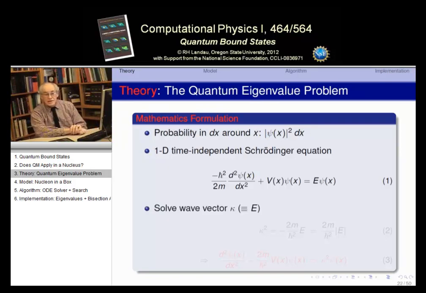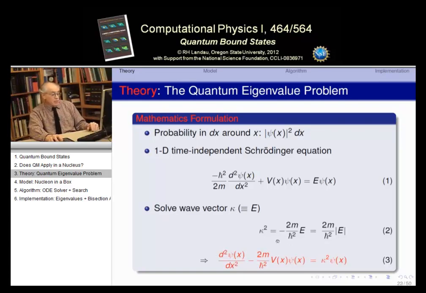So how do we solve? Well, we usually don't solve for the energy per se, because we make the equation a simpler form by using the wave vector k or kappa. I use k when I talk about scattering, and kappa when I talk about bound states. The energy, as it turns out, we can assume is negative here. That will give us dying exponential solutions, which we'll use for bound states.